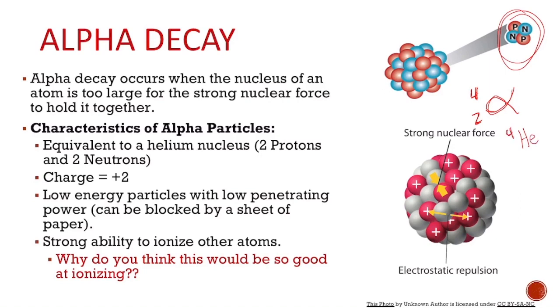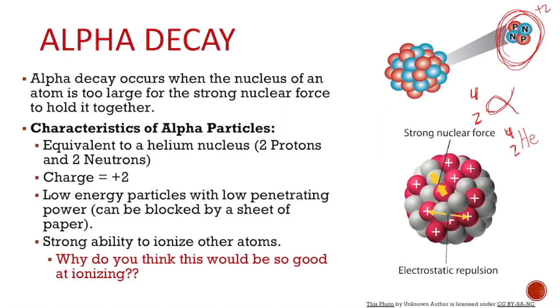A helium nucleus has a mass of 4, and it also has 2 protons. So either one of those works to describe an alpha particle. Some characteristics are that it has a +2 charge. When this alpha particle is ejected from the nucleus of an atom, it has no electrons, but it does have 2 protons, and so it has an overall charge of +2.